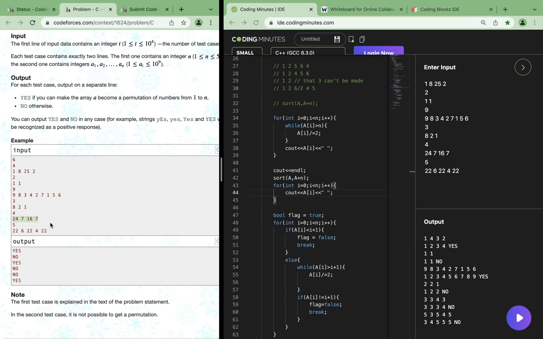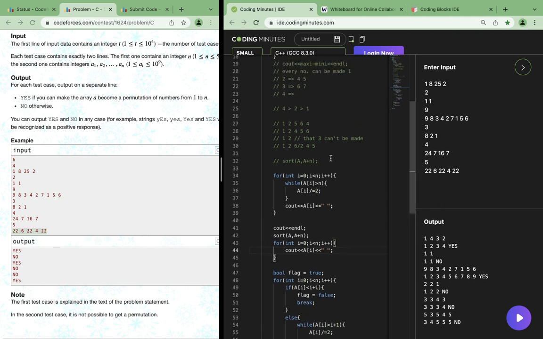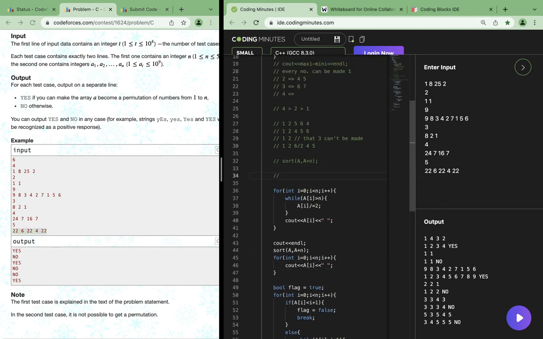So what's the last one? Let's do it by hand. So it is 22, 6 and 4 and 22.